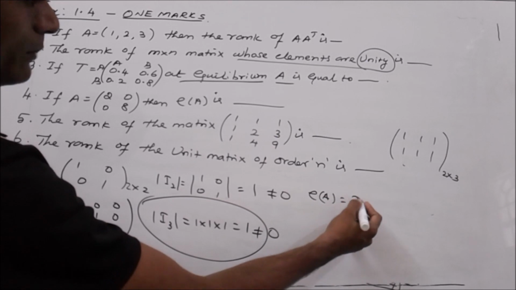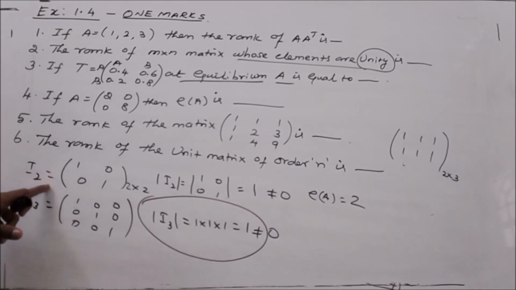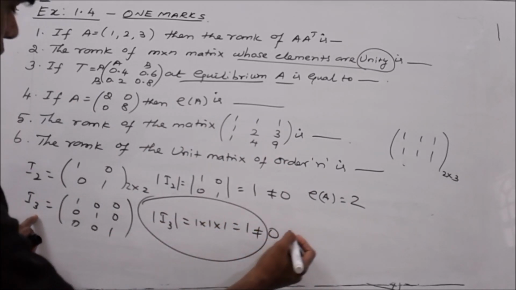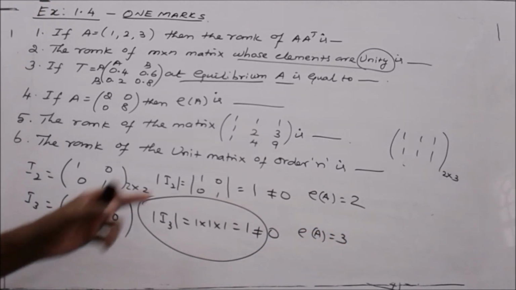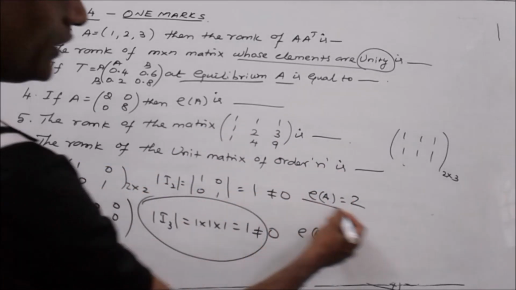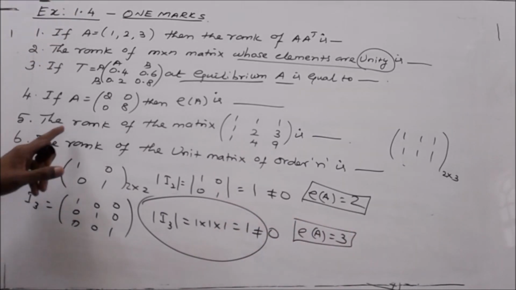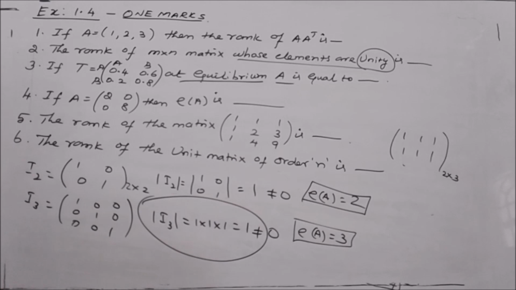The rank of the unit matrix of order 3 is 3. If we take any order, that will be the rank. Therefore, for the unit matrix of order n, if the nth order is chosen, its rank is n.